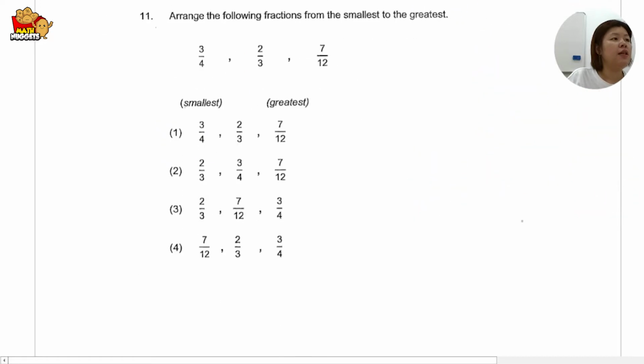Okay, let's move on. Next is fractions arranged from smallest to greatest. Before we can arrange, we have to make sure our denominator is all the same. So I need to change my 3/4 to be 12. I times 3, times 3.